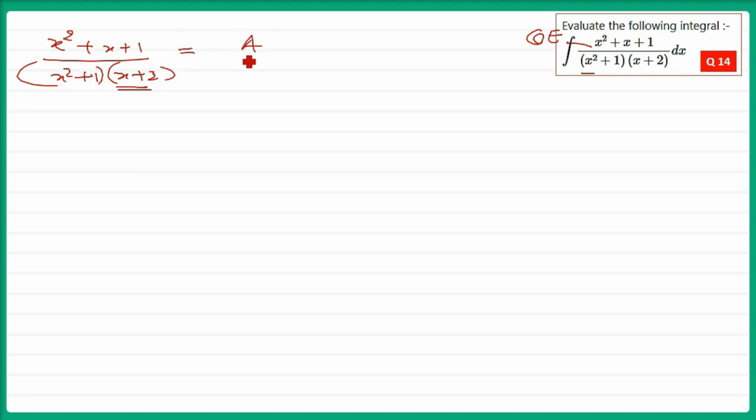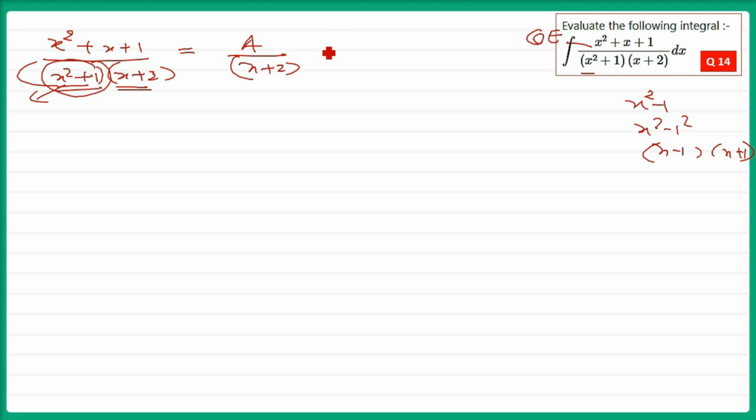So this will be A divided by x plus 2, because x plus 2 is a simple linear factor. So we can have one constant upstairs. But x square plus 1 is not linear. It is actually a quadratic, because x square minus 1, if you remember, can be replaced by x minus 1 into x plus 1. But x square plus 1 cannot be divided into factors. That's an issue.